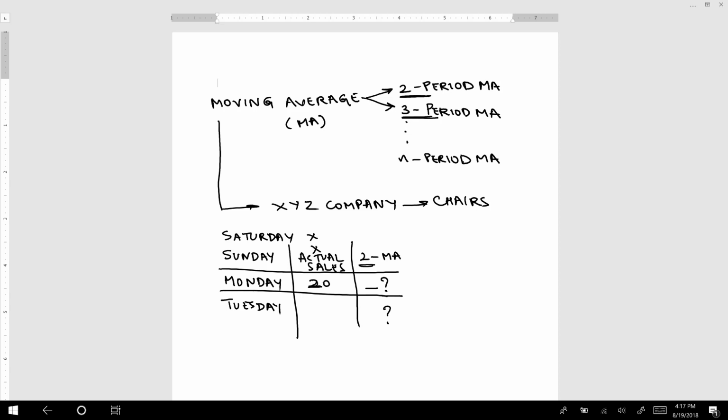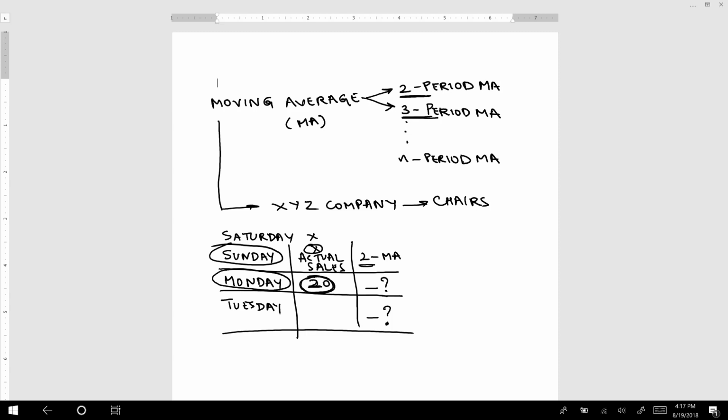We need Monday and Sunday's actual values. We have Monday's, which is 20, but we don't have Sunday's, so we will not be able to predict Tuesday either.